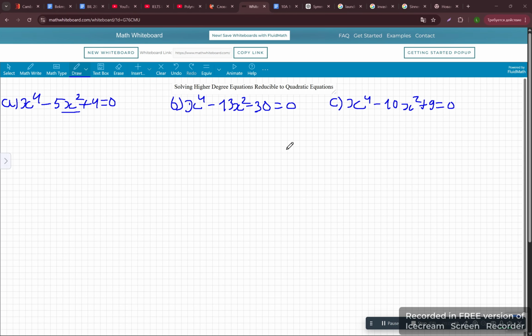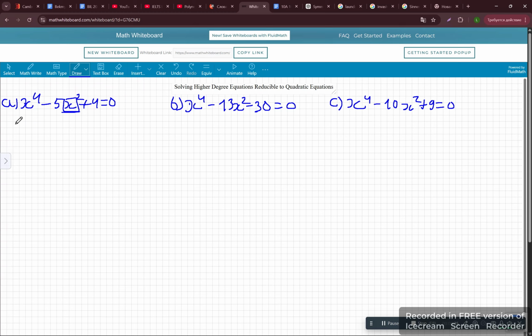And the last topic related to polynomials is solving higher degree equations reducible to quadratic equations. As the name says, reducible to a quadratic equation, it's similar to factorization, but first you should find the expression to replace.